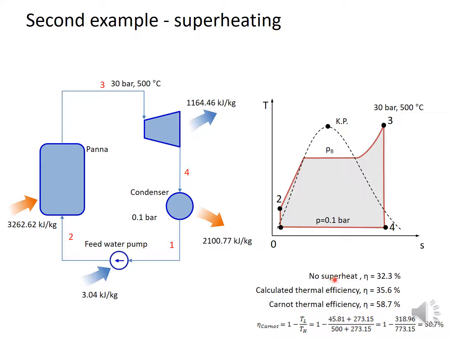Well, when we had no superheat, we had 32.3%, but now we have increased this to 35.3%. However, the Carnot efficiency has dramatically increased to 58.7%.